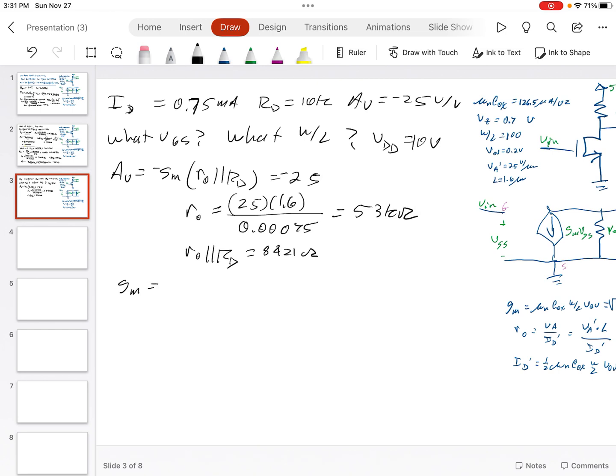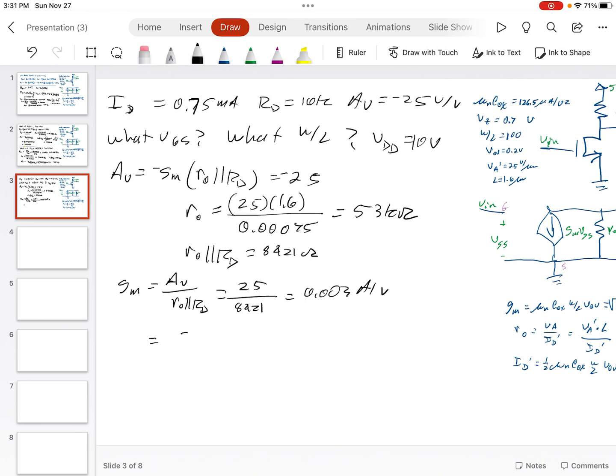So GM would be, let's just skip the sign, AV over R naught parallel with RD. So that's going to be 25 over 8421, which is 0.003 amps per volt.